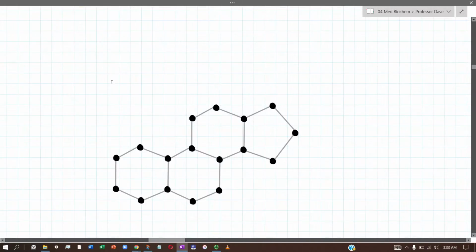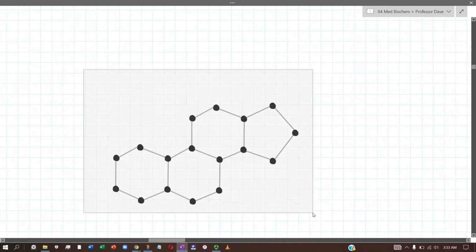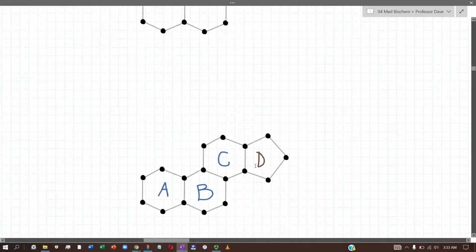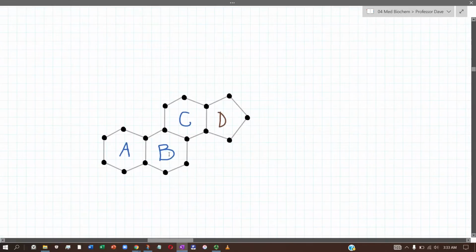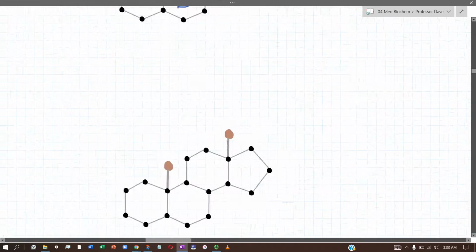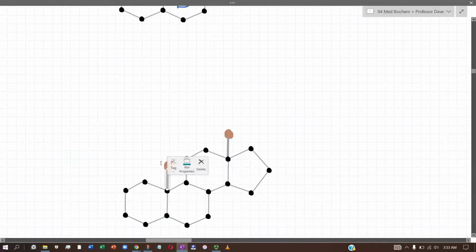Ultimately, this is what all steroids look like. This is the building block for them. You have these four rings, and they are labeled as follows: A, B, C, and D. Furthermore, at these vertices, you add a carbon. The carbon here I drew in brown because it's unique. It's not part of the ring, and it's just a lot easier to see.